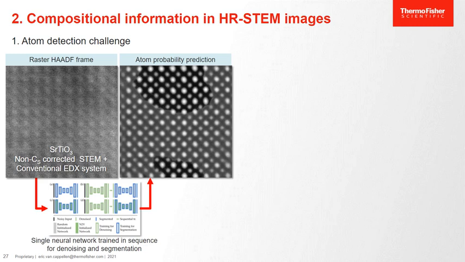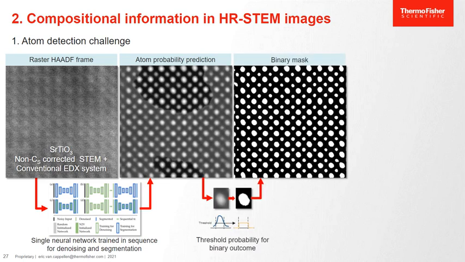The little veil that you see on this image corresponds to lower statistics, and we can see that in the original image. So the unveiled areas clearly have a better contrast than the veiled areas, and that's just a way of telling the operator, hey, the precision is less in the veiled areas than in the unveiled areas. Now, from that atom probability prediction map, we can, through thresholding, come to a binary mask.